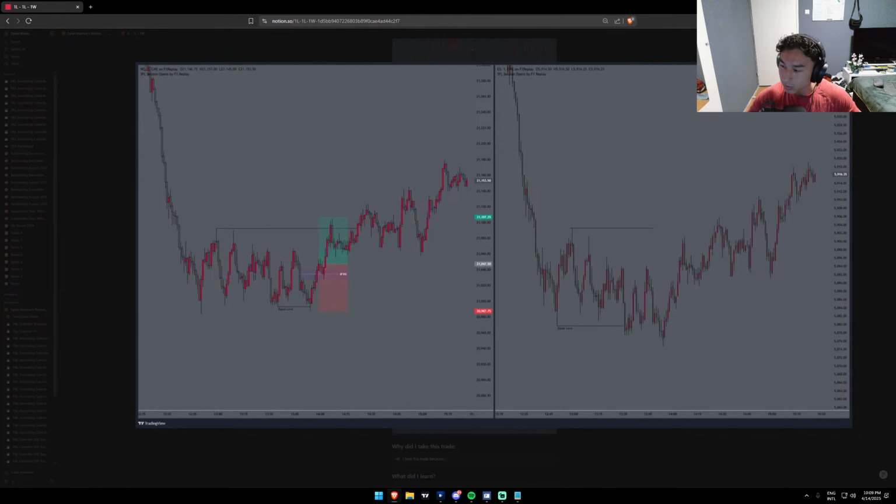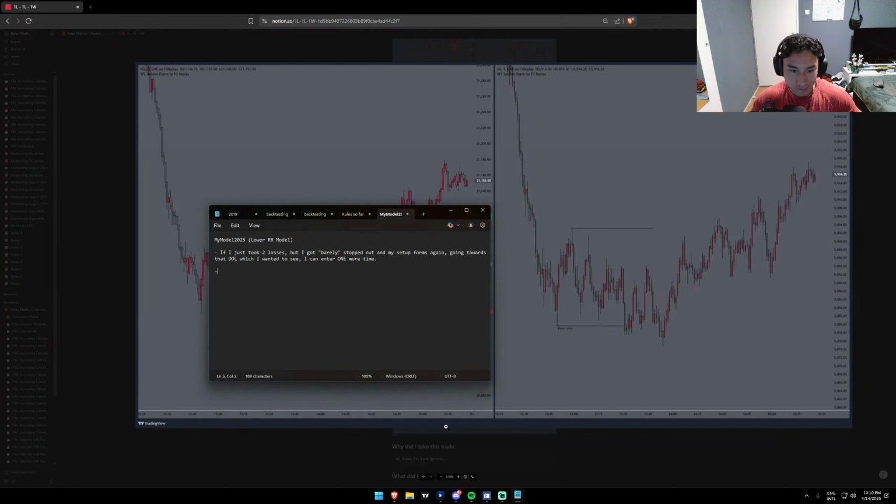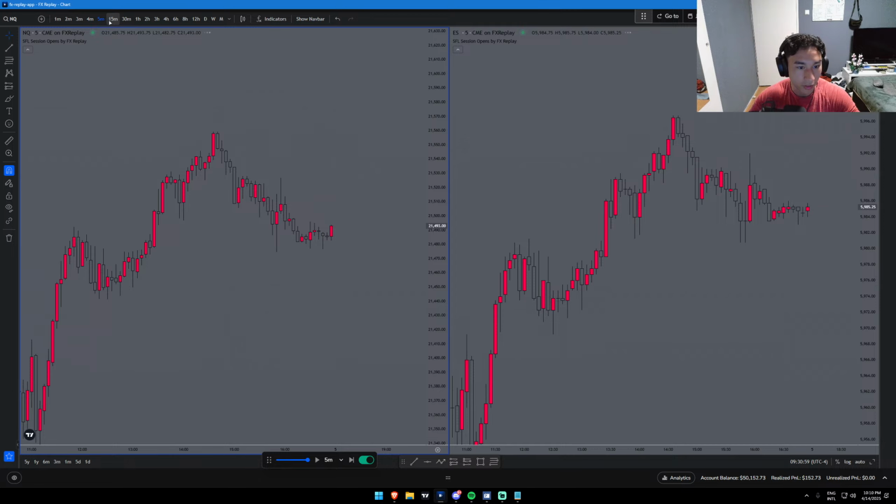I do like that rule, but I don't know if I should take 3 trades a day, or maybe just one trade a day, and if that happens, then I could go for two trades a day. I'm not sure yet. One trade a day, and when I barely get stopped out. I don't know. Something I have to find out.